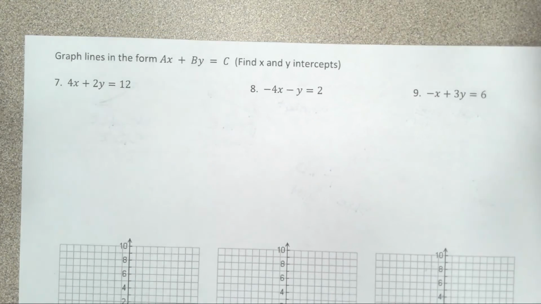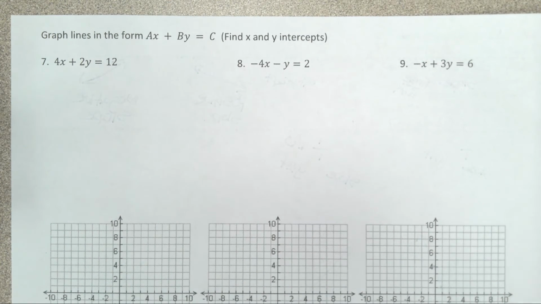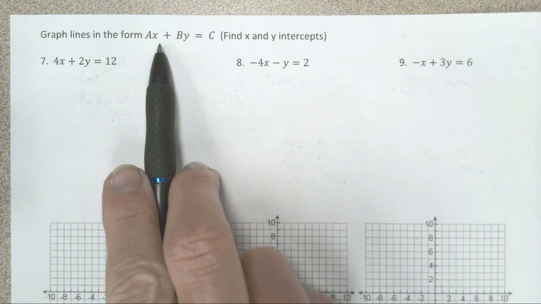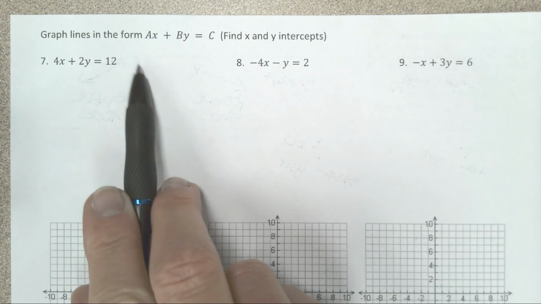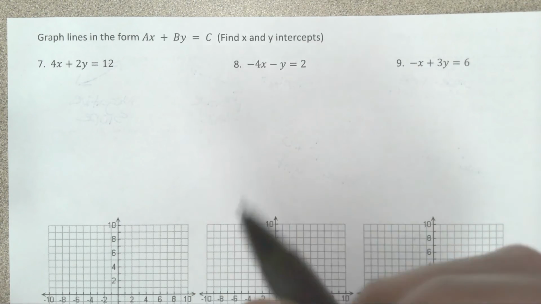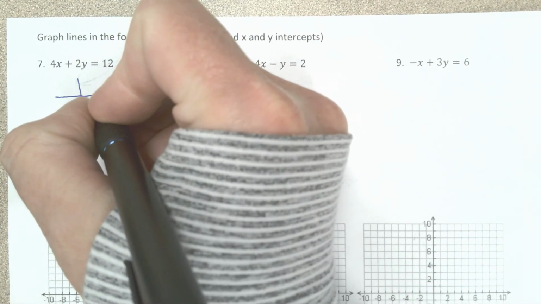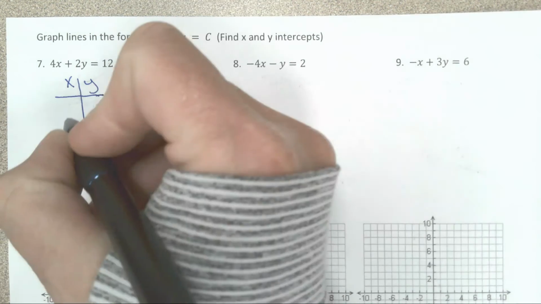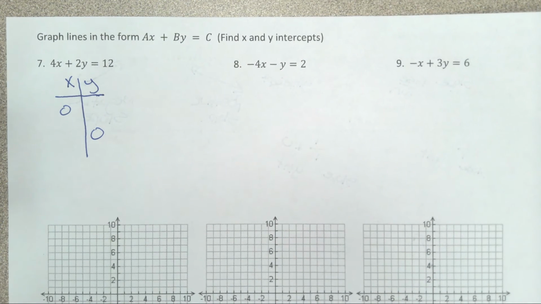The other way that you have been taught to graph a line in the past is from standard form. This is called standard form. You have x and y on the same side of the equal sign, and then the answer over there. So we are going to graph it by intercepts, or what I learned as the cover-up method. I'm going to set x equal to 0, and then I'm going to set y equal to 0.